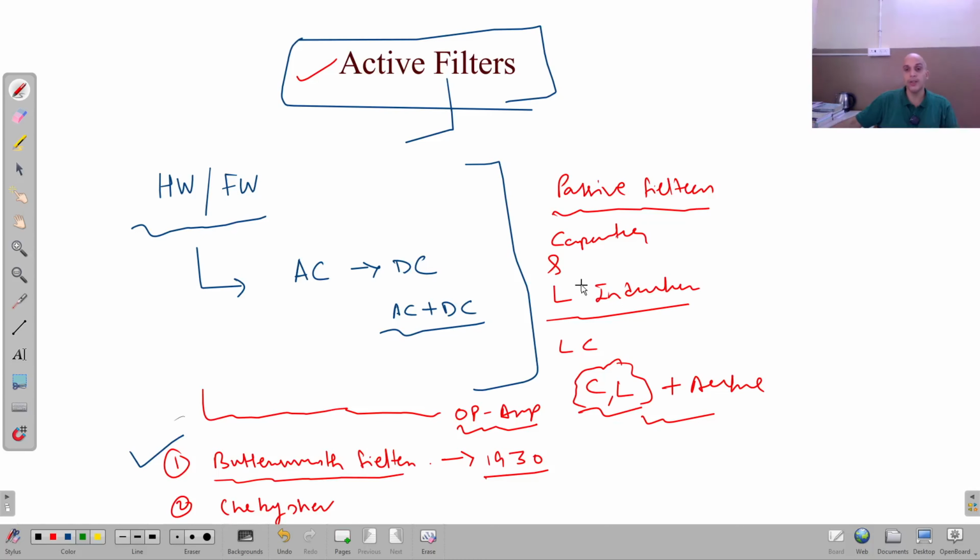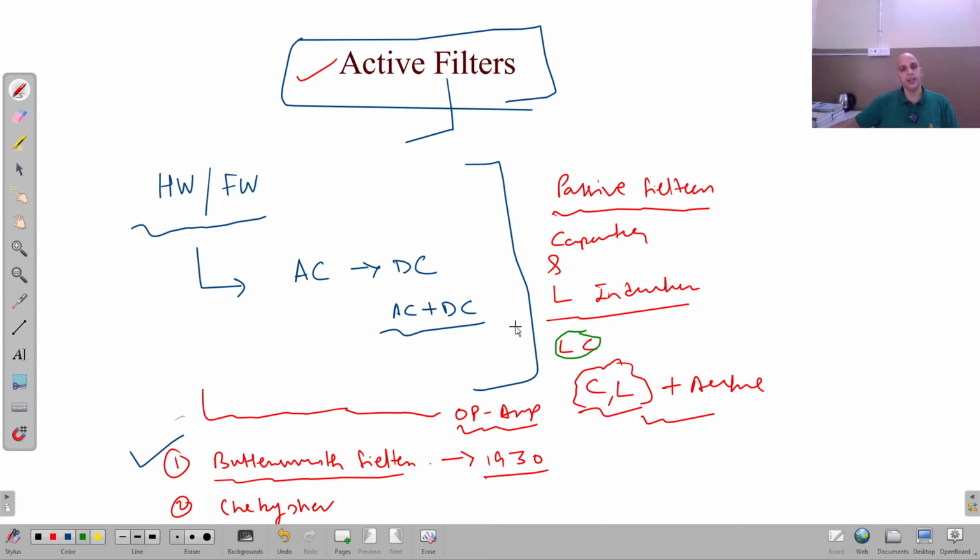We can make a combination of the two, that we call an LC filter, and we can even make combinations with more than 2 components, then we call that a pi filter, one inductor and 2 capacitors. So this is all about the filters.